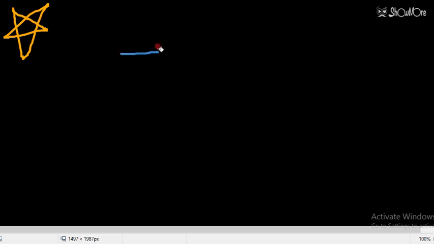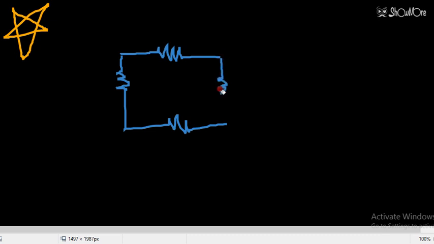You can see this is the first resistance, this is the second resistance, and then this is the third resistance, and this is the fourth resistance. So you can see 4 resistances are there, and the value of each resistance is 10 ohm.